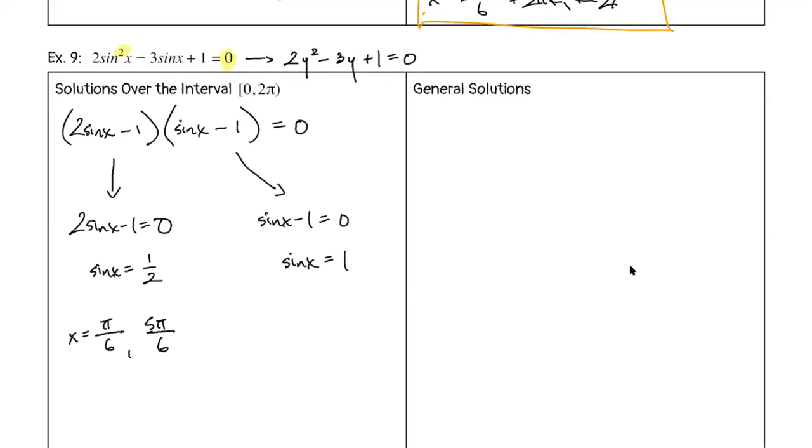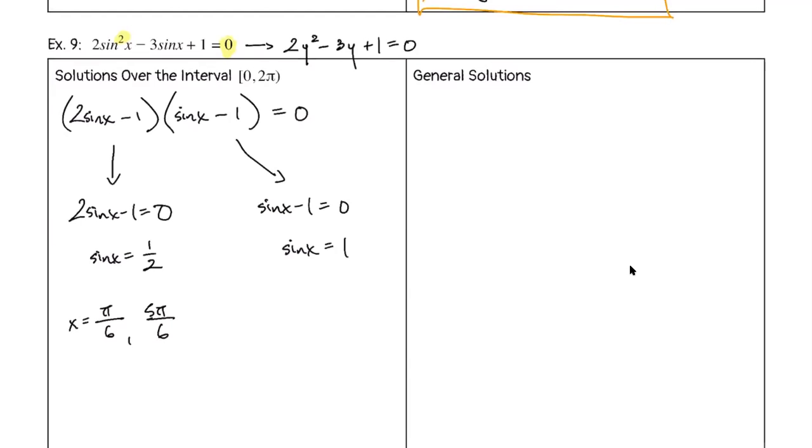Doing a quick visual check on your unit circle, are these two separated by exactly pi? Are they exactly halfway around the unit circle from each other? No, they're not. So we're going to need different solutions for those when we go to the general solutions, okay?